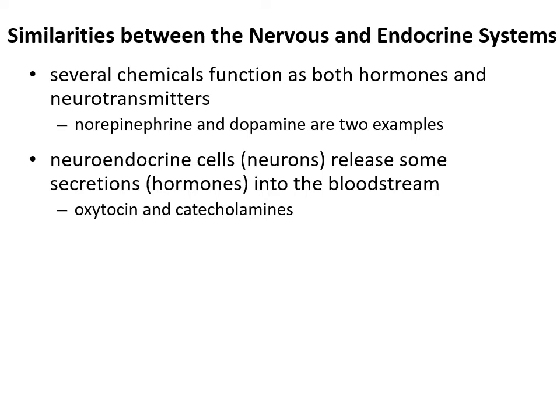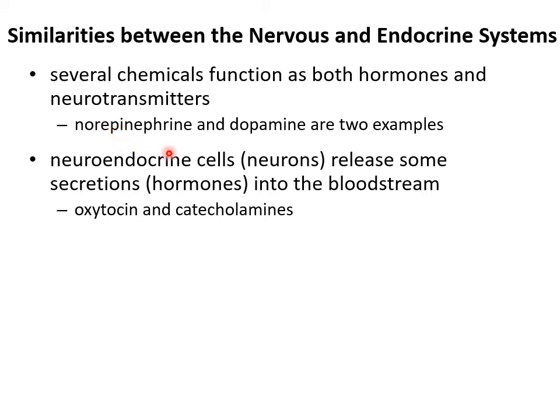So there are other things that are very similar between the nervous system and the endocrine system. For example, the nervous system and the endocrine system share chemical signals. There are certain compounds that function as both hormones in the endocrine system and as neurotransmitters.